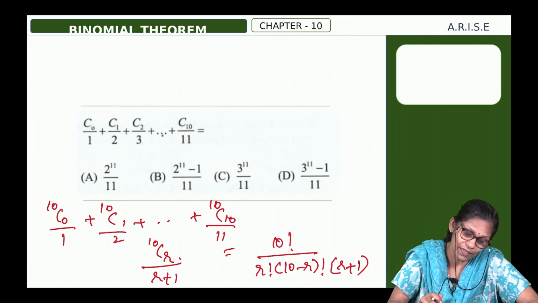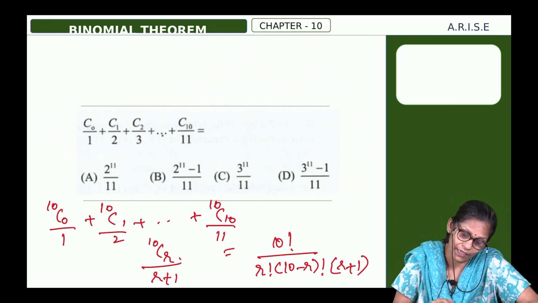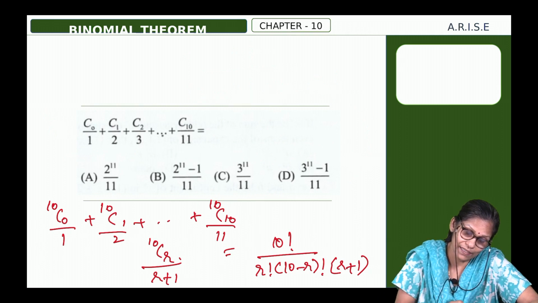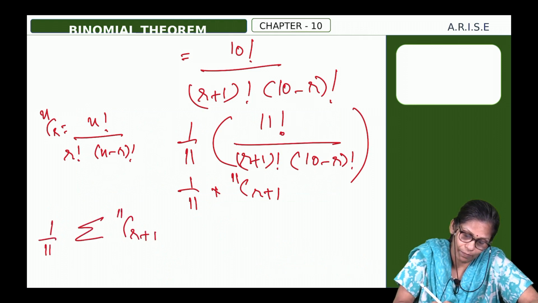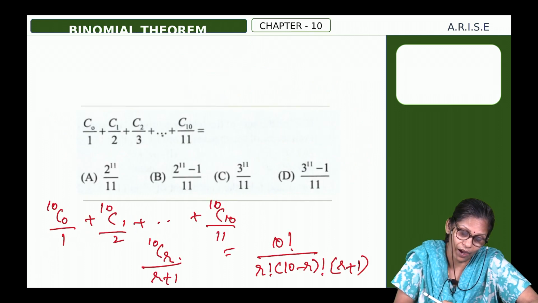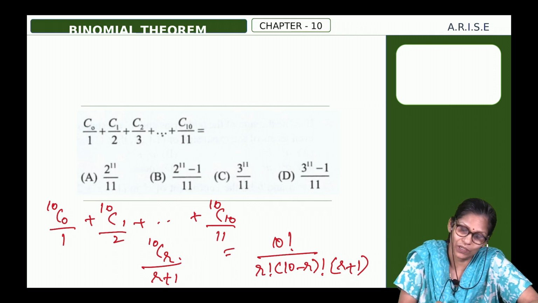So what is the general term and sigma of that? This would be 1 by 11 into sigma of 11C r plus 1. What value of r will be the first one? R will be 0. It will be 0 to 10.